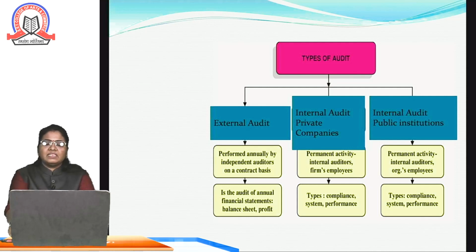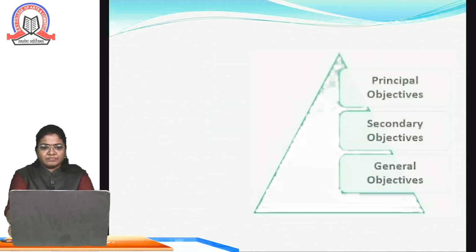We can say the performance of the employee checked by the HR manager every month is internal audit. In the public institution it happens continuously, within a month or once in 6 months, etc. It will be helpful when the external audit is happening, making it easy to submit on time. These are the types of auditing.